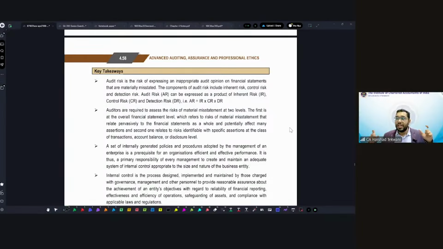That is the sufficient and appropriate audit evidence. Remember, we need sufficient and appropriate audit evidence for the purpose of issuing an opinion. From chapter number 5, we will focus on collecting that evidence. I want you guys to read chapter number 5 before we start the discussion on Wednesday, so that when we discuss the various standards in the SA 500 series and other things on audit evidence, you are aware of what we are discussing and can bring up your doubts.